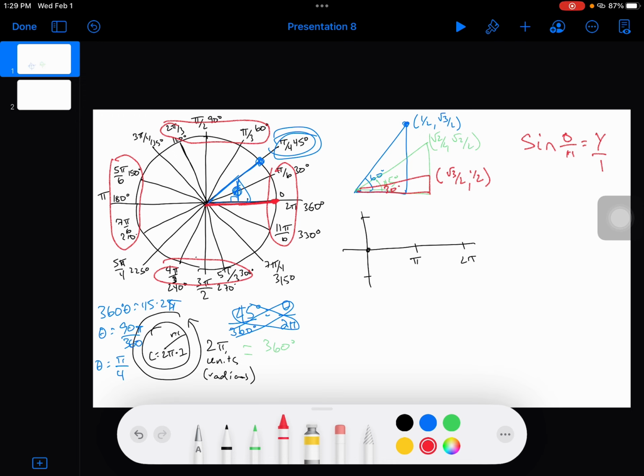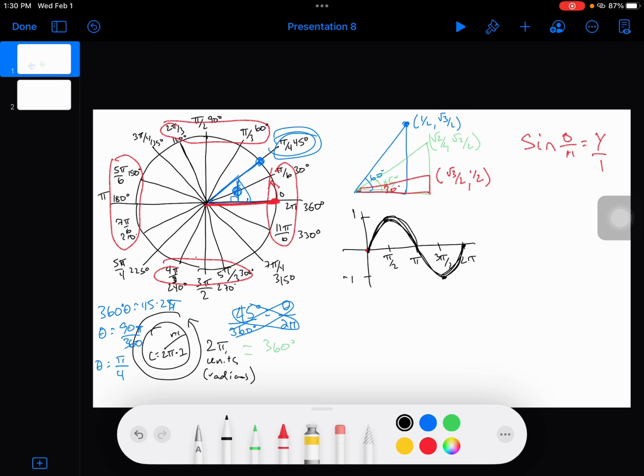If there's 0 on the y on that unit circle, as we're just starting, then there won't be anything in this ratio. And it gets up to 1 at pi over 2, and then back down to 0 at pi, then down to -1 at 3 pi over 2 and back up to 0 at 2 pi.